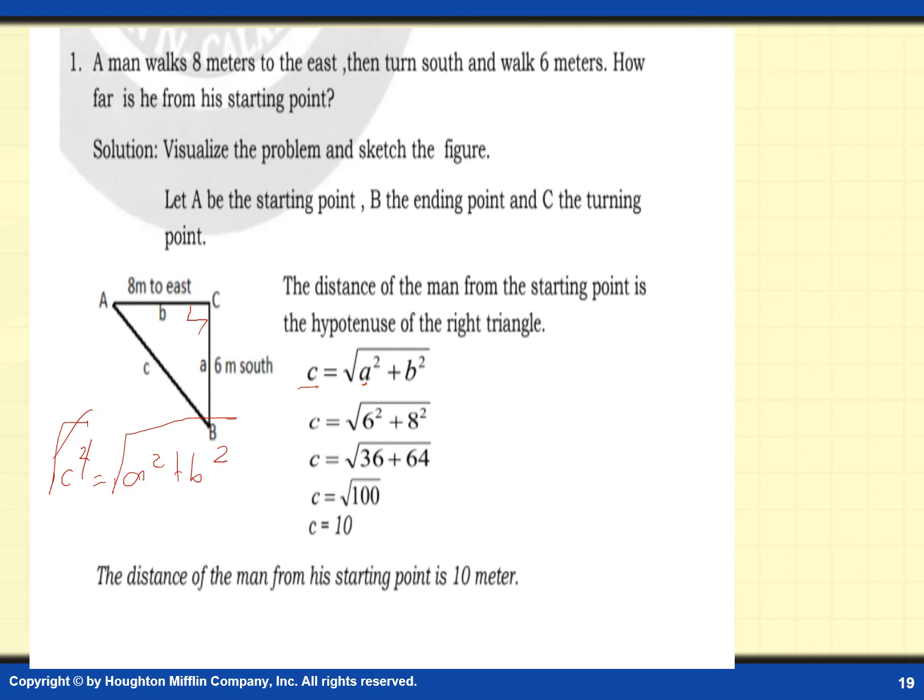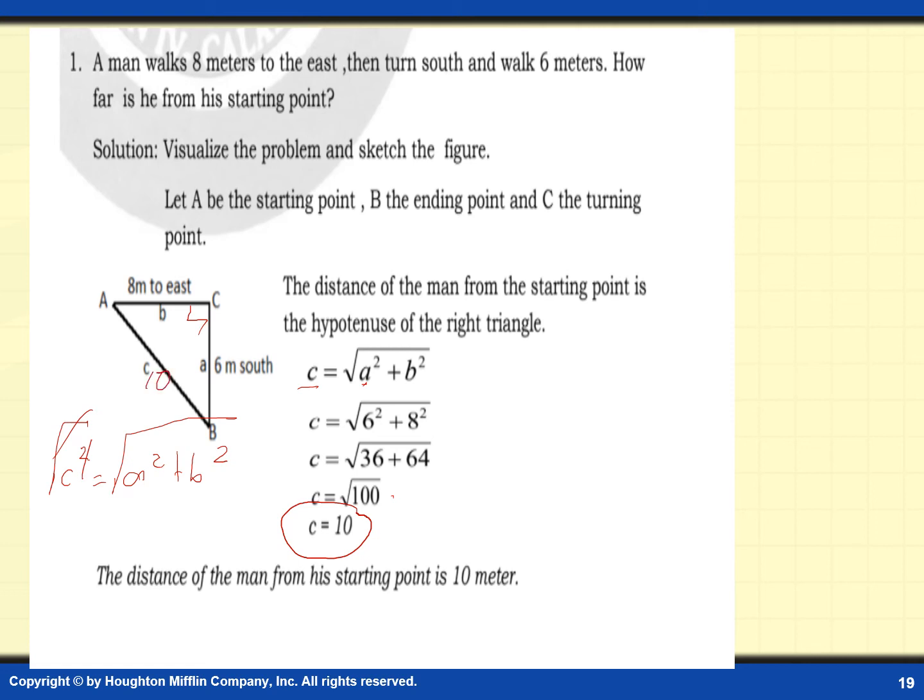Multiply, it's an exponent. 6 times 6 is 36. 8 times 8 is 64. So, the square root of 36 plus 64 is equal to the square root of 100. And what is the square root of 100? That is equal to 10. So, the distance of the man from his starting point is 10 meters.